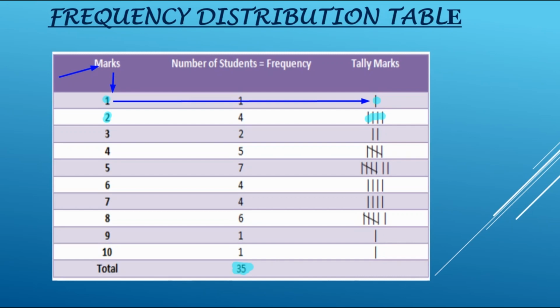And after making tally marks, we make a frequency table. We write the frequency in the given column. So one tally mark means frequency is 1. 4 tally marks will mean the frequency is 4. 2 tally marks will mean the frequency is 2, and so on.